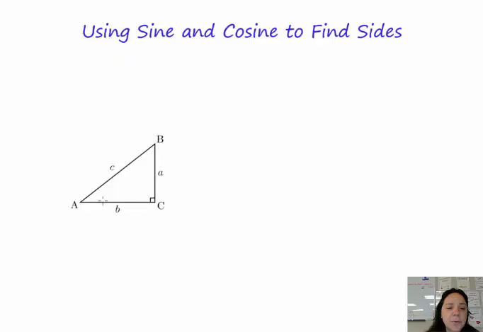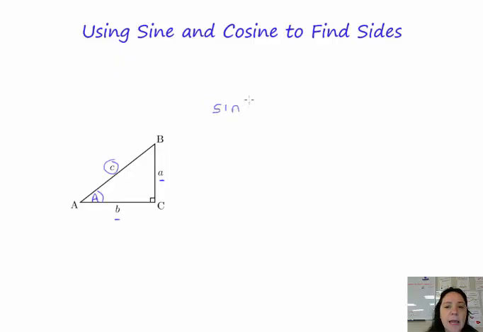So if I know the measure of this angle, which we're calling A here, but I often call theta in class, and I know the length of this side C, then I can use the sine function to find the length of side A, or the cosine function to find the length of side B. Let's consider why this is.